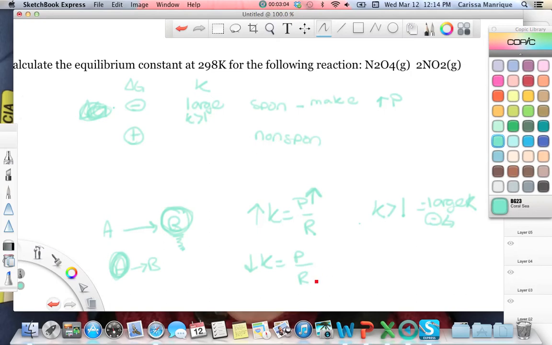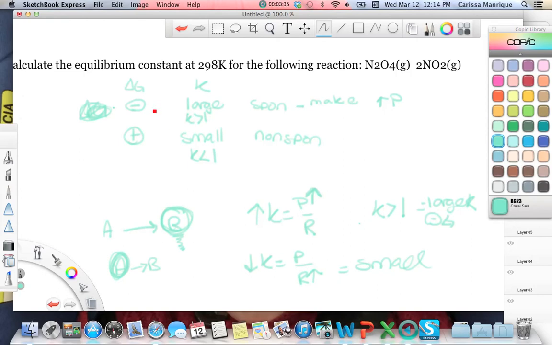That means we have a small K, which we define as less than 1. So that's how delta G and K are related, because K tells you whether you made a lot of products or not. If you made a lot of products, it's spontaneous because it's really reactive, so delta G is negative. And the reverse for if it's small.